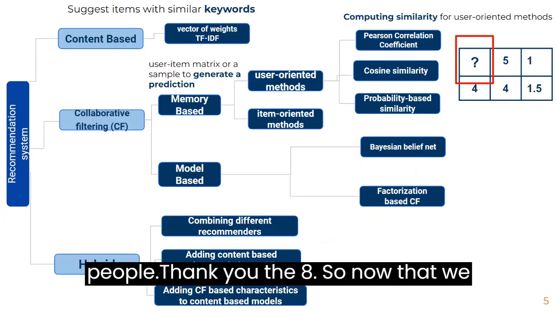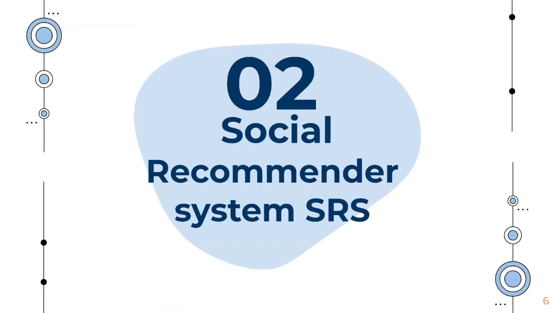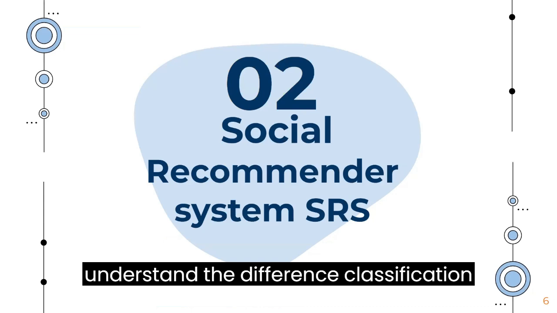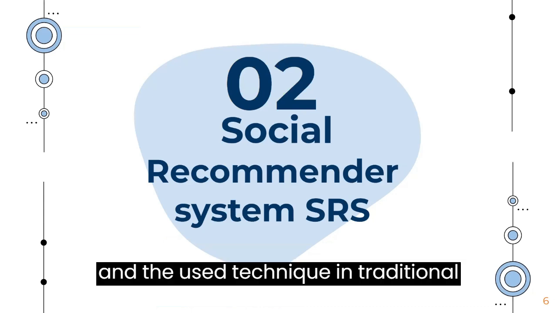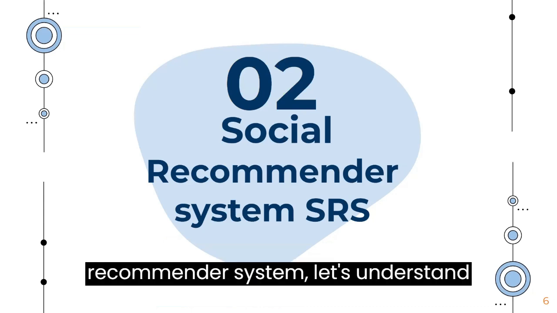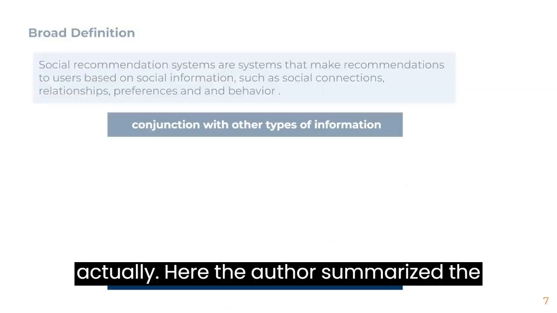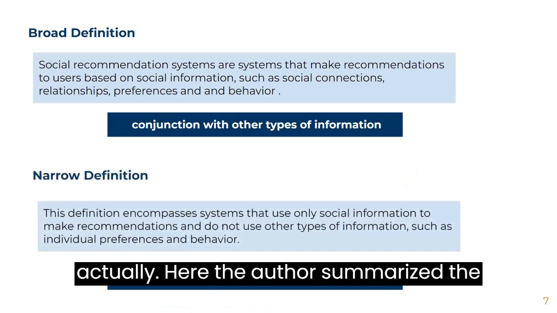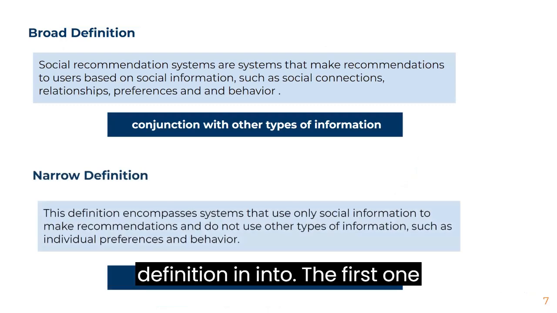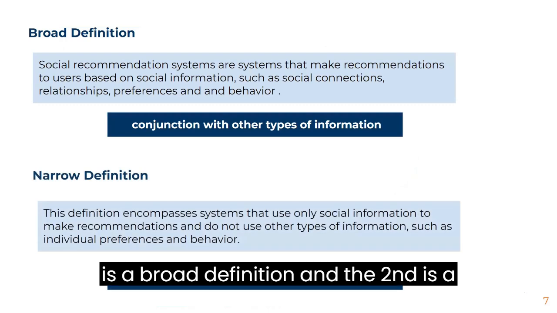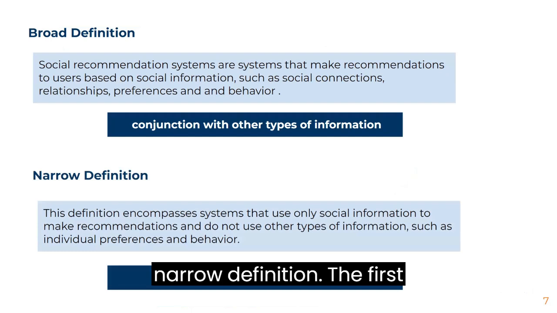Back to you, Habiba. Thank you. So now that we understand the different classifications and the techniques used in traditional recommender systems, let's understand what social recommender systems are. Here the author summarized the definition in two: a broad definition and a narrow definition.